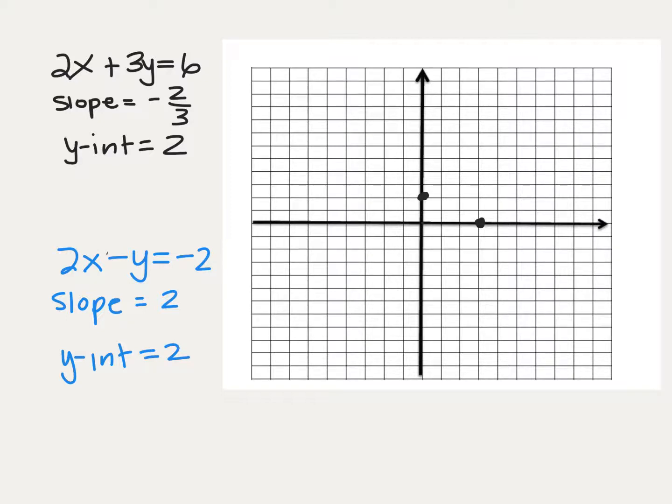So when I do that, I get this ordered pair. And I can keep going 1, 2 up, 1, 2, 3 to the left, or I can start with this point and go 1, 2 down, 1, 2, 3 to the right. Now, I should be using a ruler.